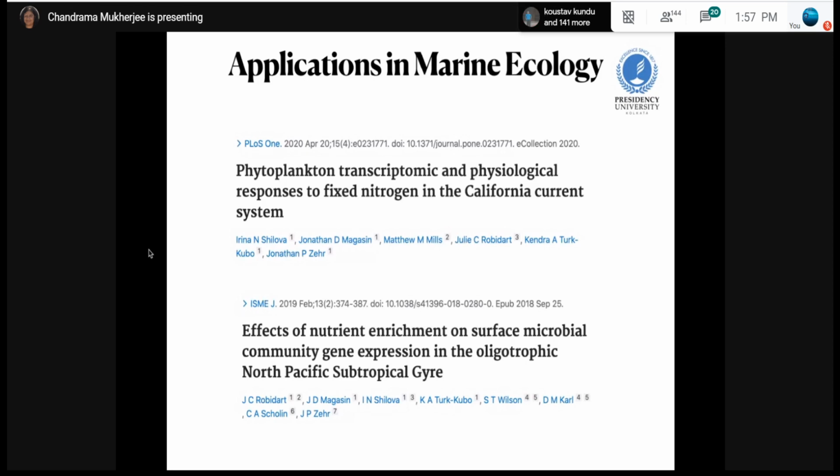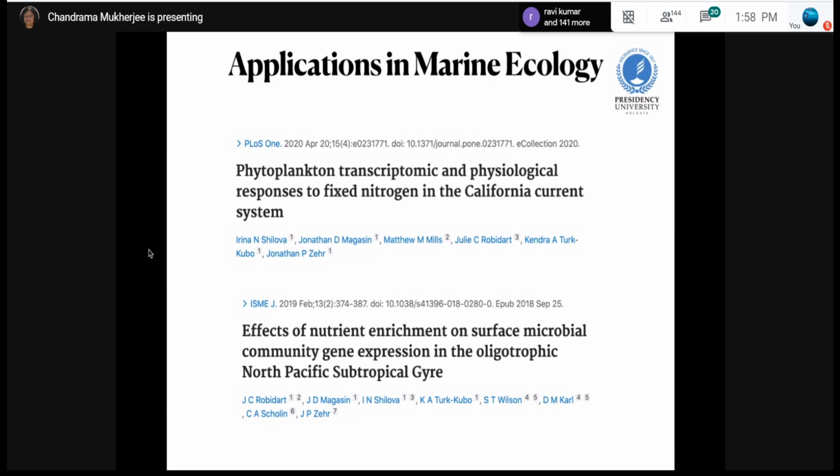If you go to PubMed, you will see several reports where people have used microarray techniques to determine the impact of marine microorganisms with their environment, or how different physiological parameters change the microorganisms to adapt to the environment.